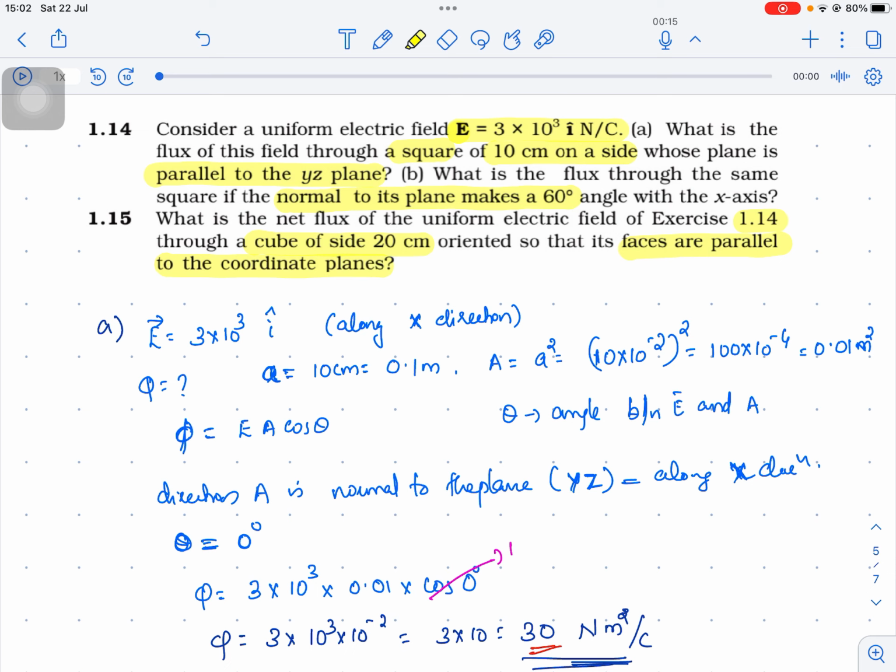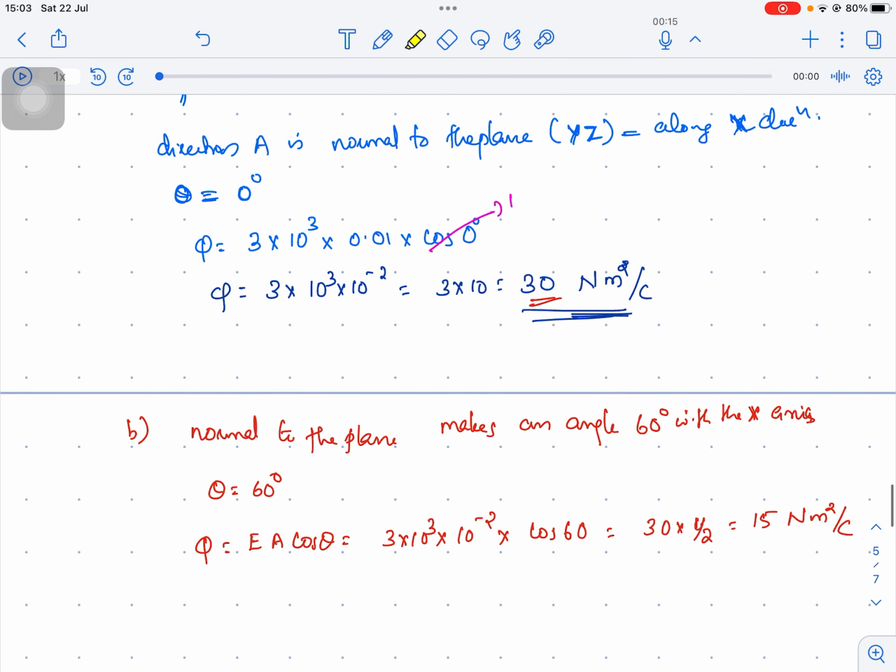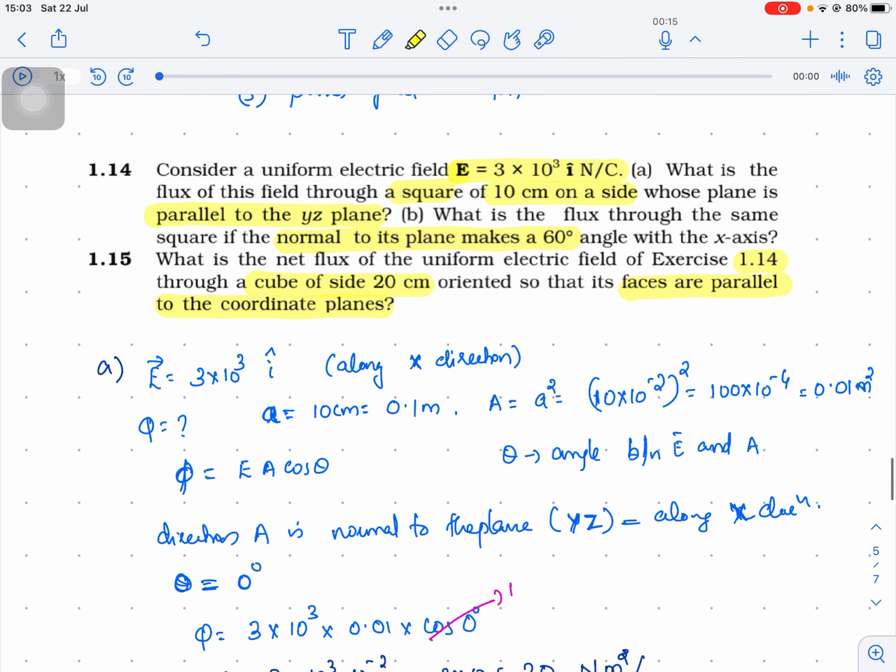So you have to calculate the flux through a cube. Here in this case it is specially mentioned that all the faces are parallel to the coordinate planes. All the faces of the cube are parallel to the coordinate axis or coordinate planes.